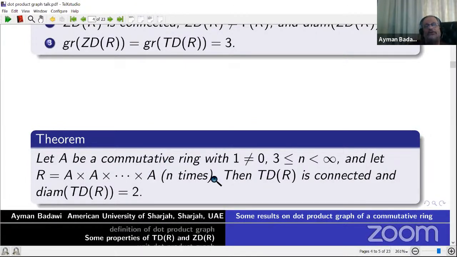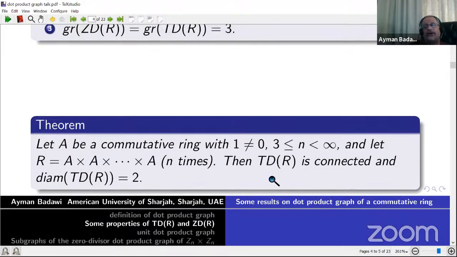If A is a commutative ring and n is bigger than or equal to 3, less than infinity, and you take R to be n copies of A, then the total dot product graph is connected and the diameter of the total dot product graph equals 2. And again, what's the diameter? It is the maximum of all the distances.